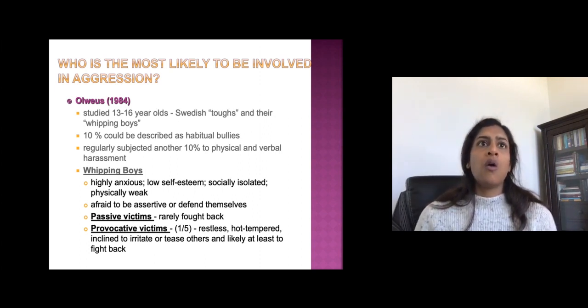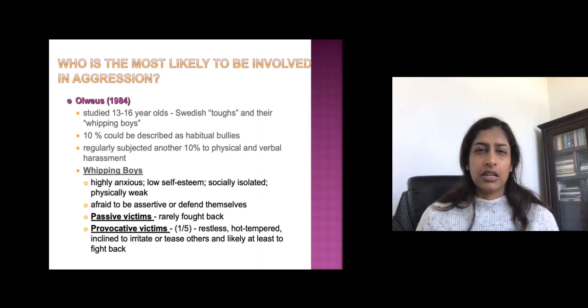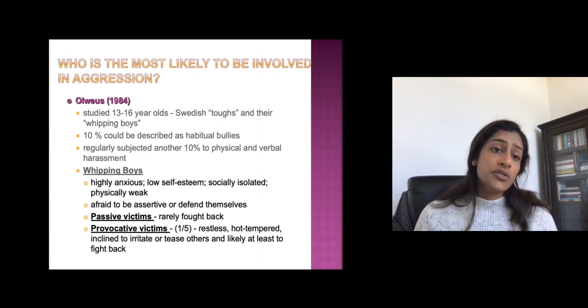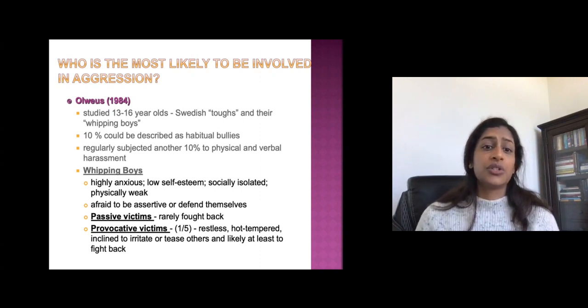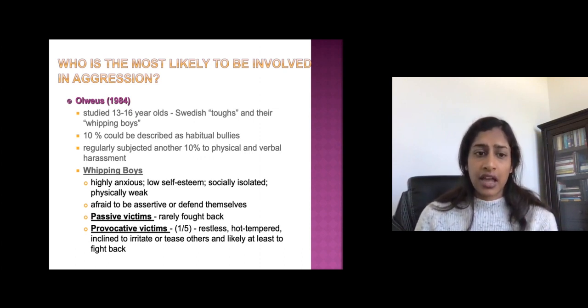And what was found in his research is the whipping boys tended to be highly anxious. They had low self-esteem. They typically were socially isolated. Physically, they might have been weaker. They also tended to be afraid to assert themselves or defend themselves, or maybe even to fight back. In fact, he categorized these kids into two categories.